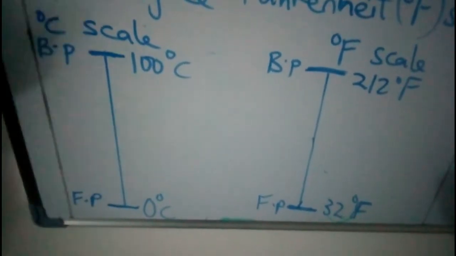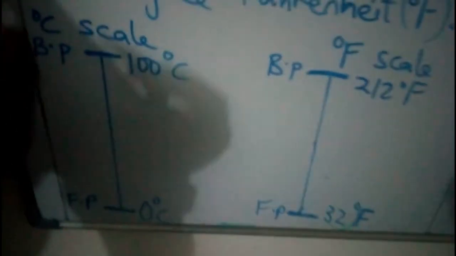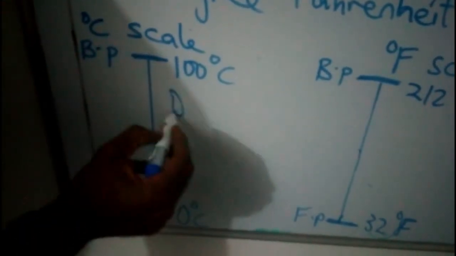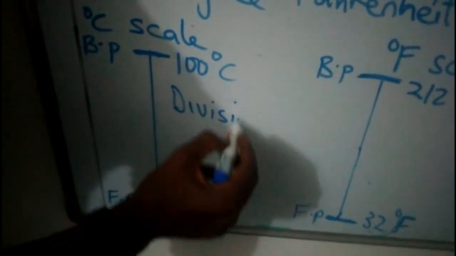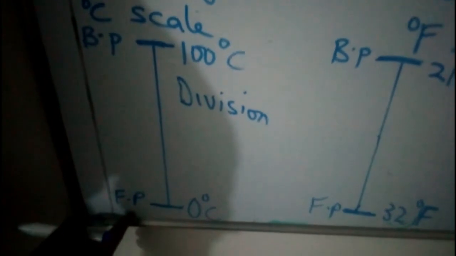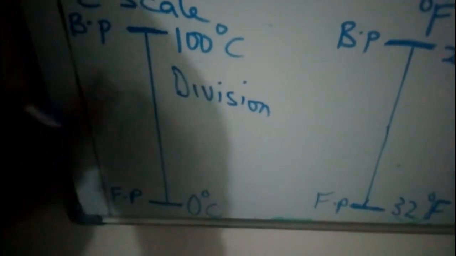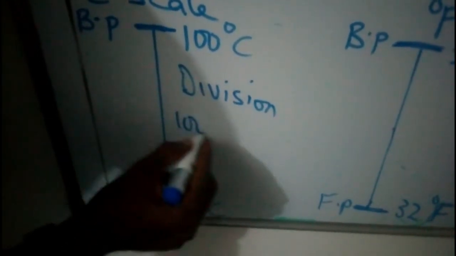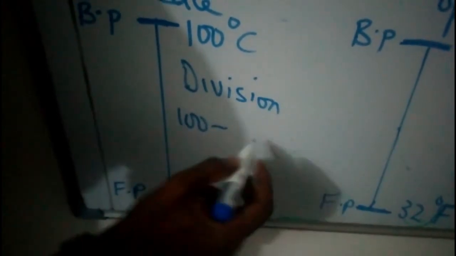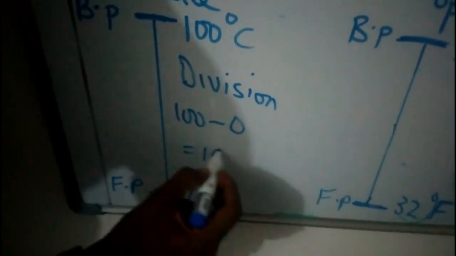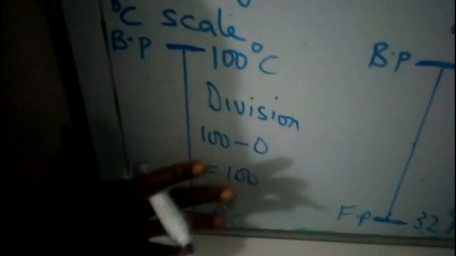For the degree Celsius scale, how do we find division? Division is simply the difference between the boiling point and the freezing point. So for the division on this scale, we do 100, which is the boiling point, minus 0, which is the freezing point, and that gives you 100. So it means we have 100 divisions on the degree Celsius scale.